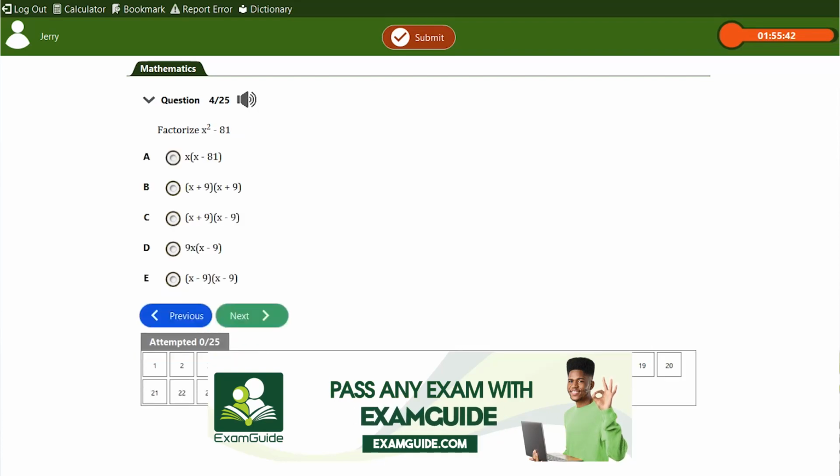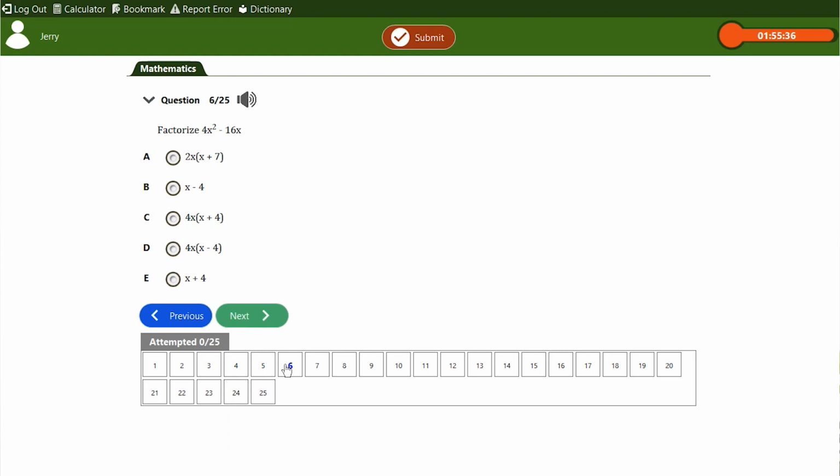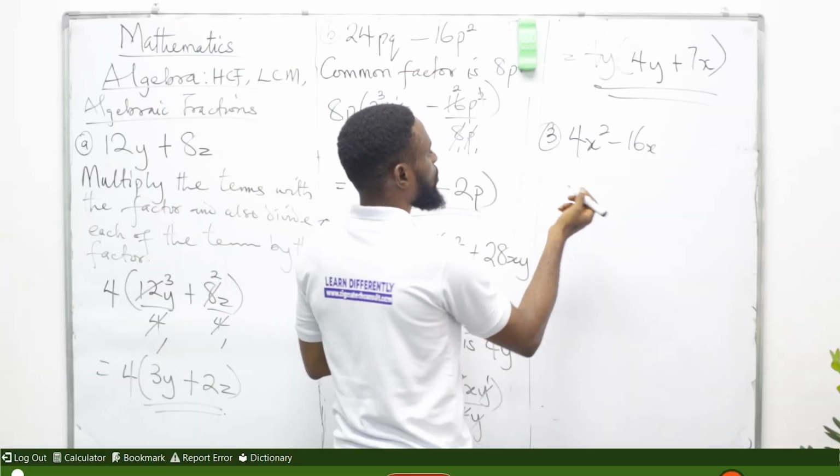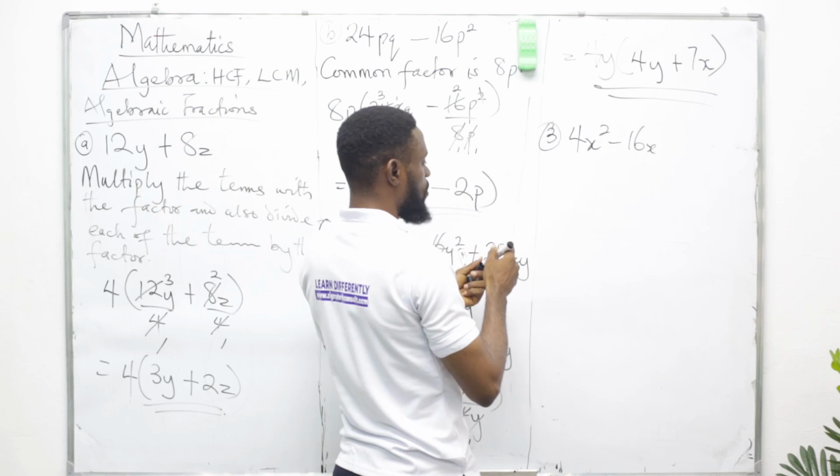Okay? All right. So we have another one here, 4x squared minus 16x. Let's take that one as the last thing we'll take for that. They say we should factorize 4x squared minus 16x.